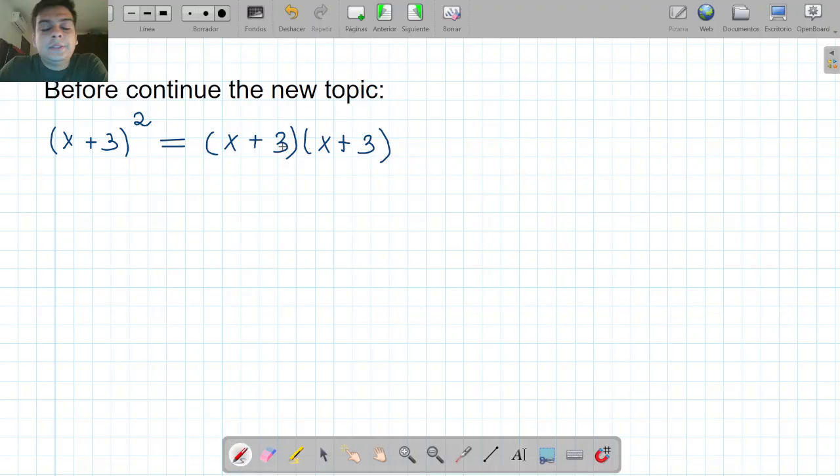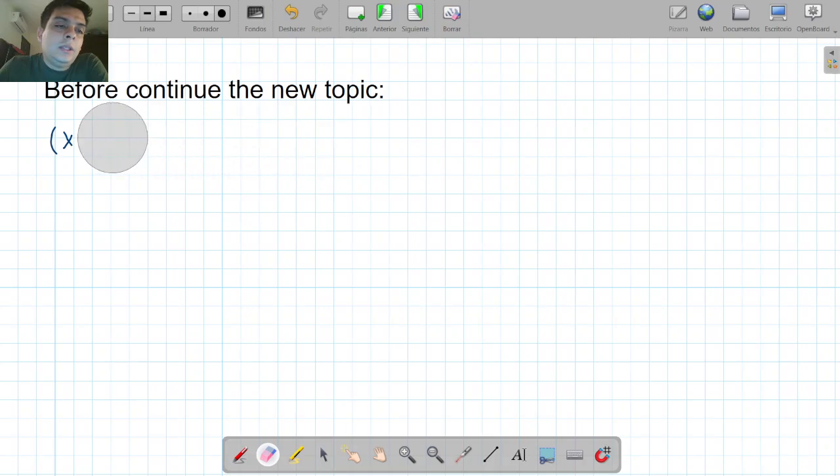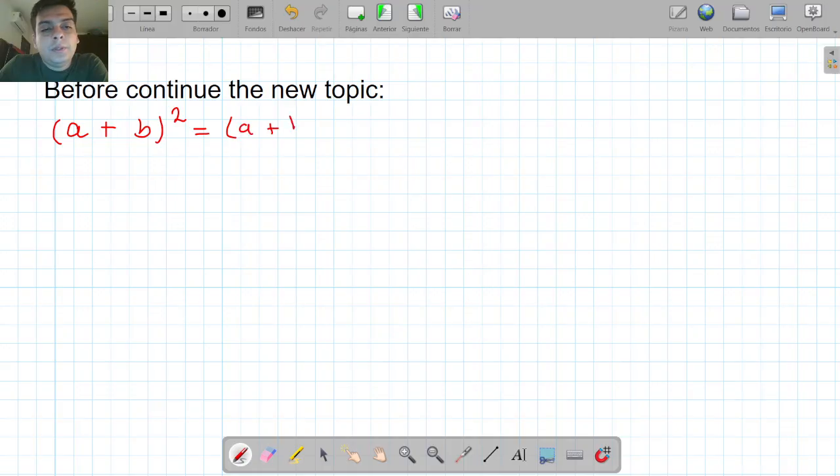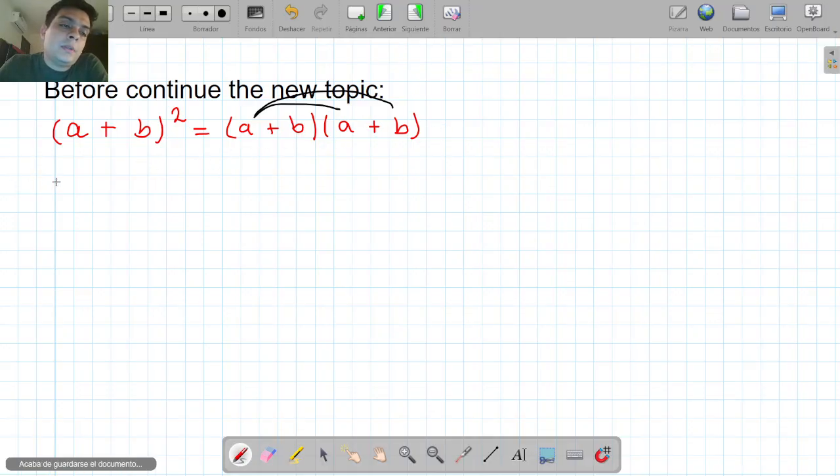And if you realize here, we have to do distribution. Sorry for that, we are going to use a general formula. A and B, we copy the same. They are going to be multiplied by distribution. A times A is just A squared. A times B is AB. Then we have B times A, which is AB.